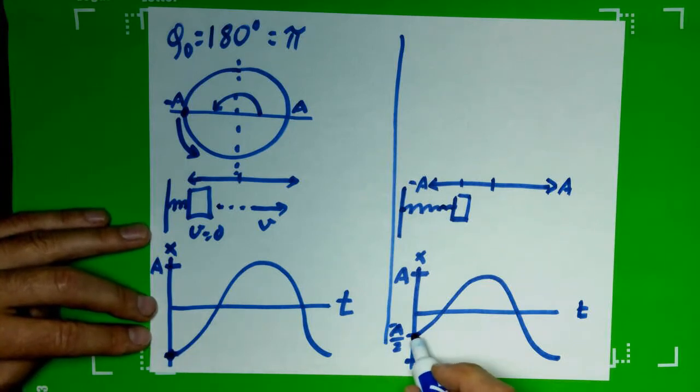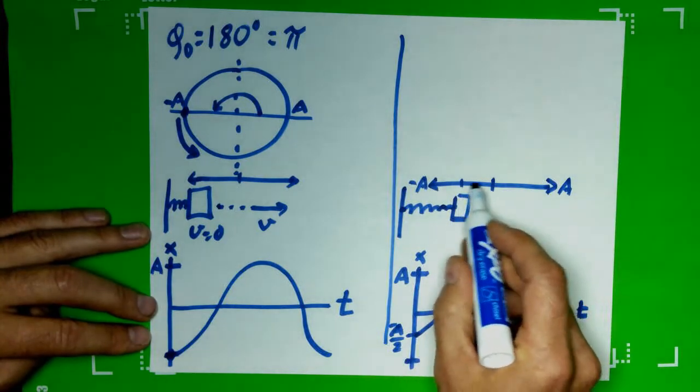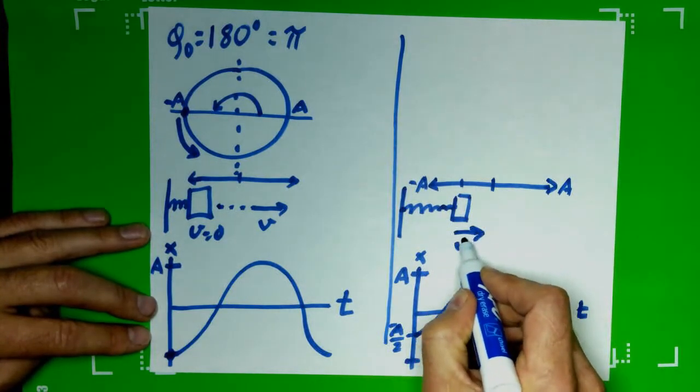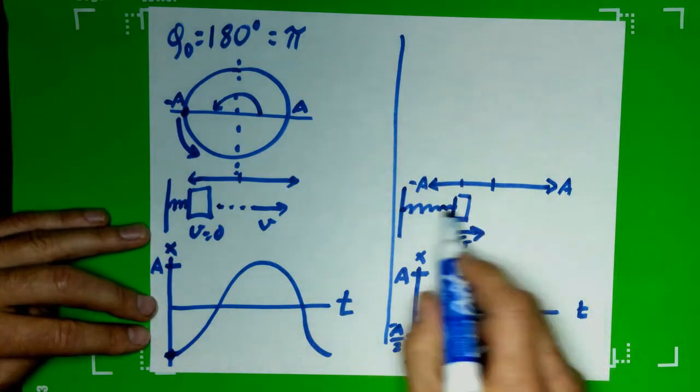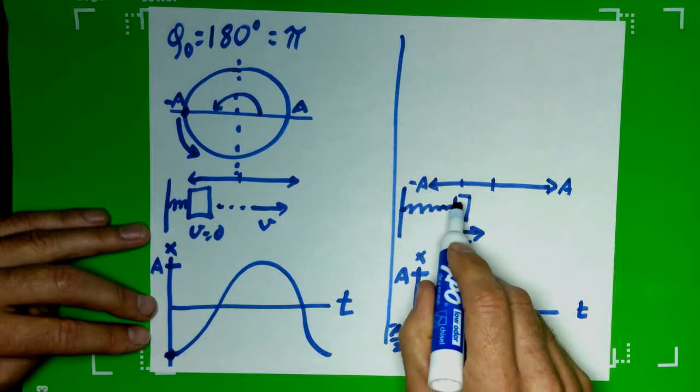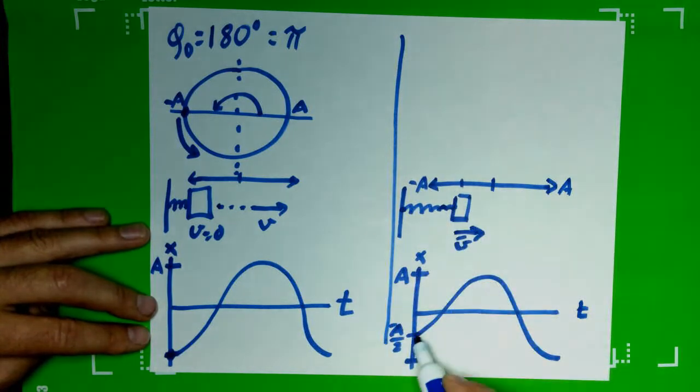Okay, well, I'm approaching 0, so that means on here I've got to be going to the right. Okay, I'm moving to the right. So I've got now a physical picture. It is located right here, moving to the right, because I was told on the graph it started at negative A over 2 and it's approaching 0.